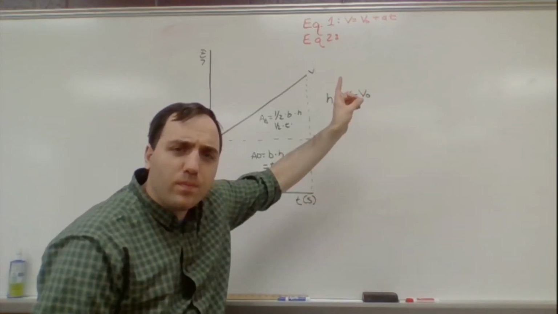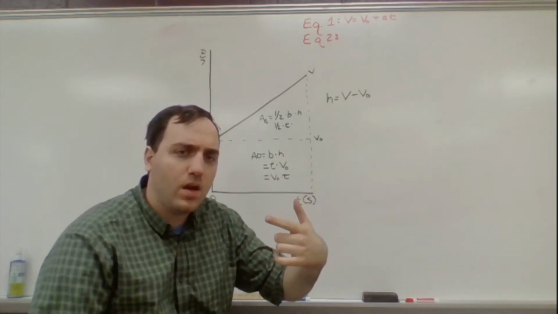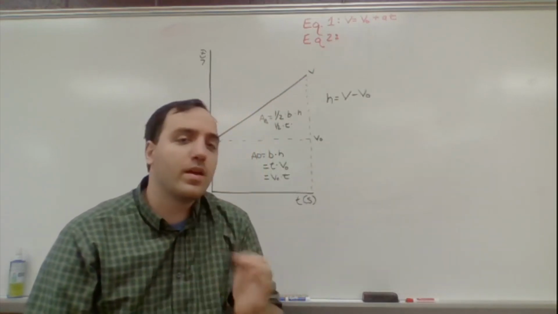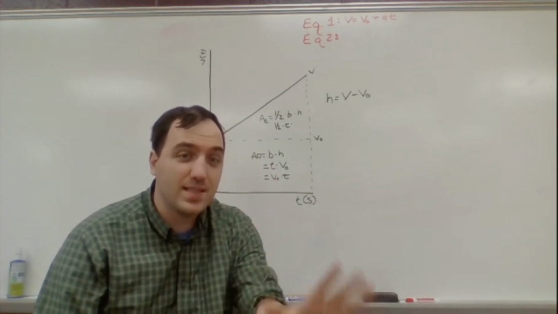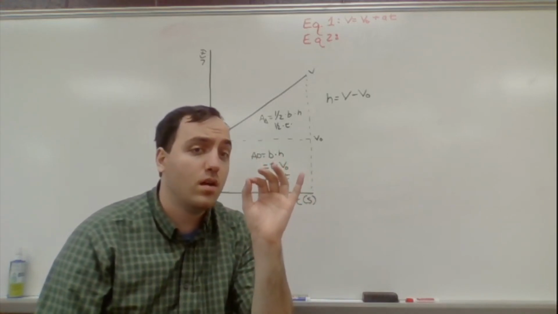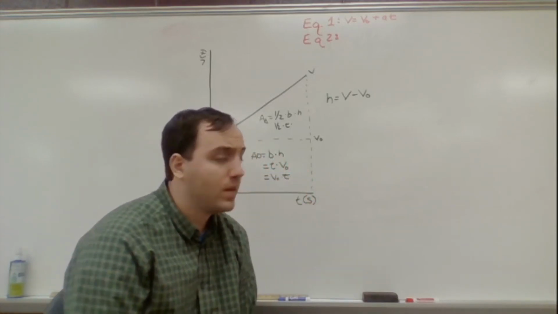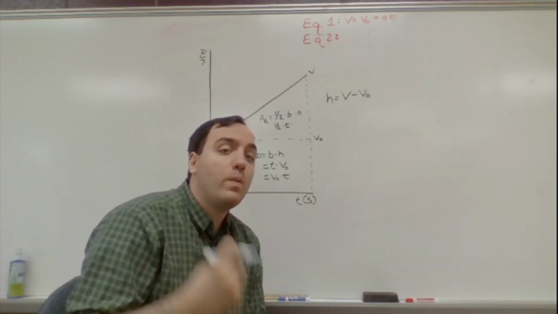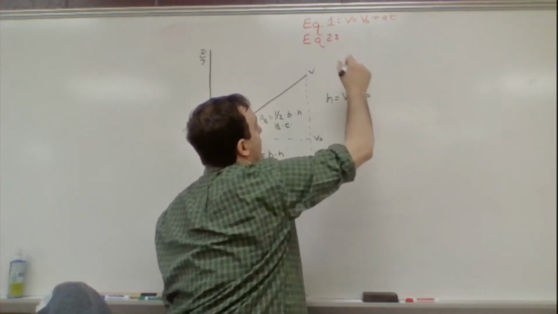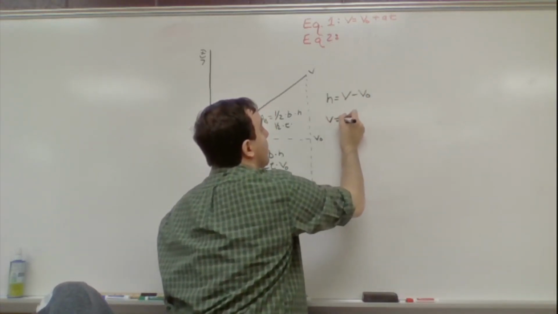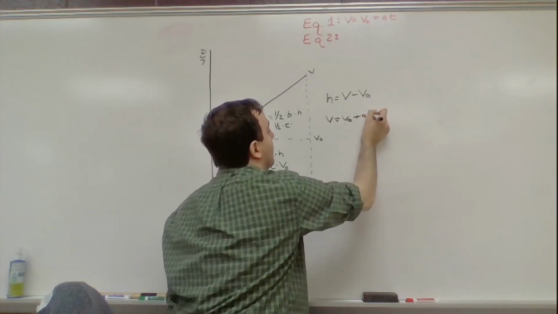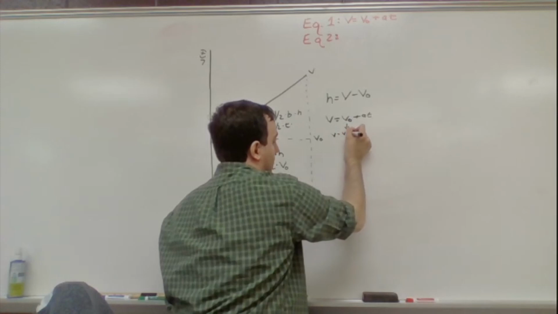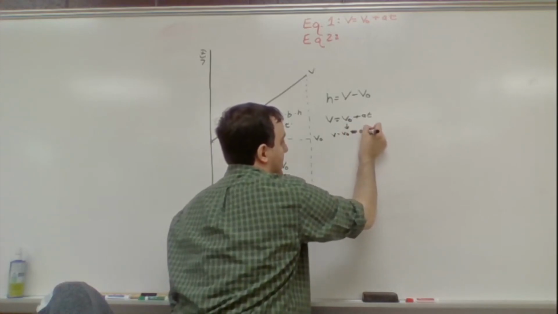But if we think back a step, we can look at this equation up here, equation 1. And we can go through and go, wait a minute, wait a tick. We can make that simpler. So instead of saying v minus v naught, which is totally fair and valid, what we typically say instead is we rearrange equation 1 from v equals v naught plus at to v minus v naught equals at.